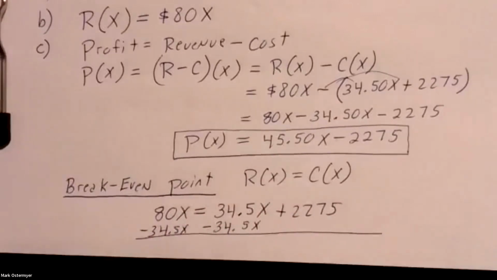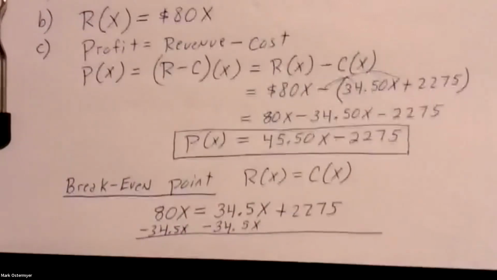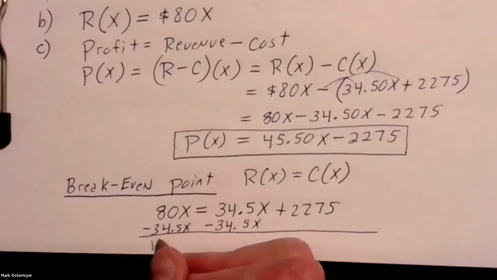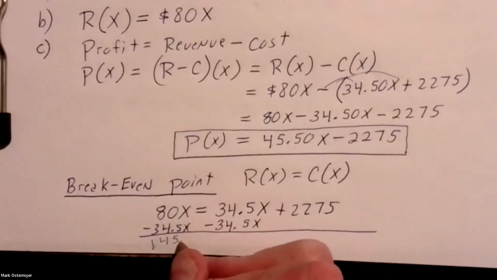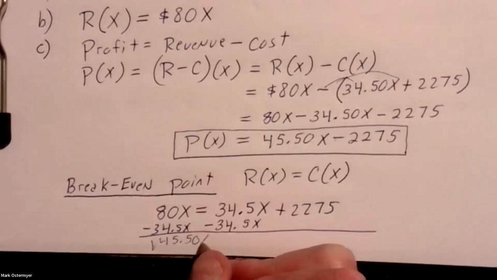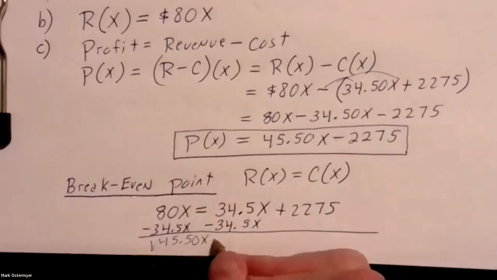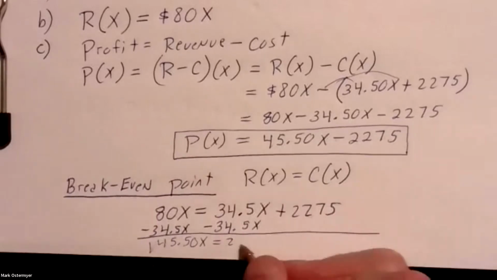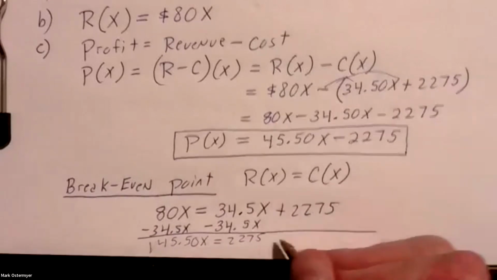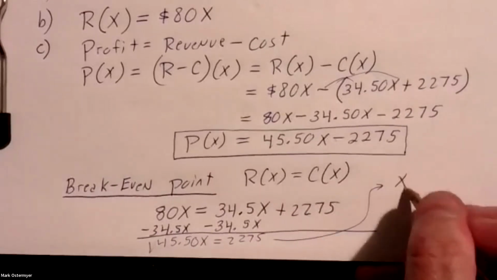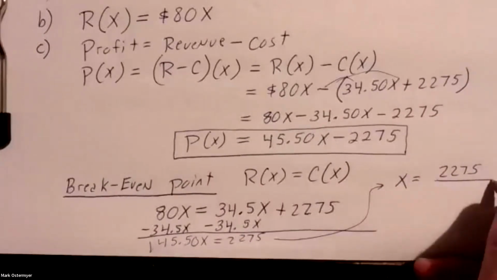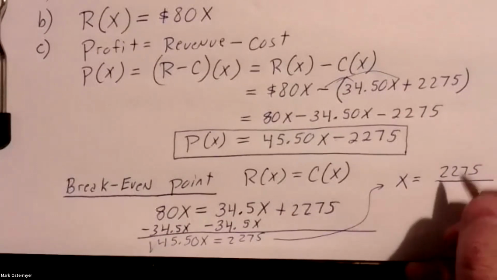So just going through this, solving this here. We're going to have our what? 45.50 X, and that's got to be equal to 2275. So to solve for X, we take 2275 and we have to divide that by what?